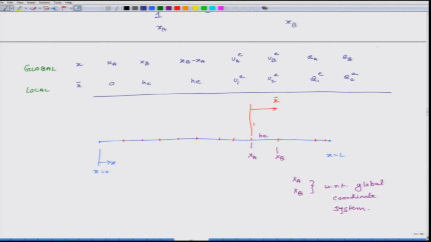Most of the computations when we do at element level, we do not use the global coordinate system, we use the local coordinate system.